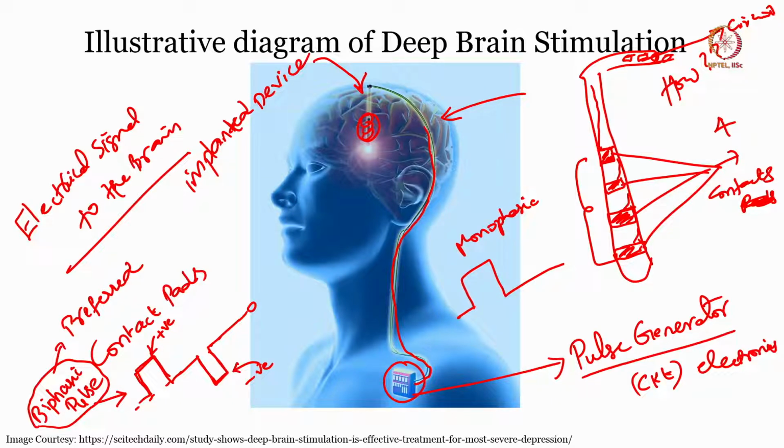Correct. So, the idea behind this biphasic is whenever you stimulate something, whenever you send this positive signal or positive voltage, for example, in layman's terms, you are transferring charge, correct.